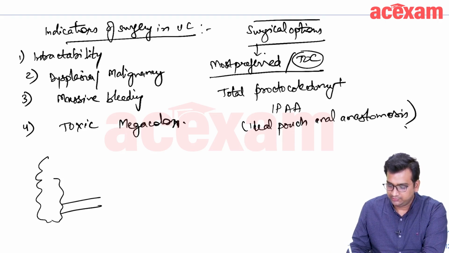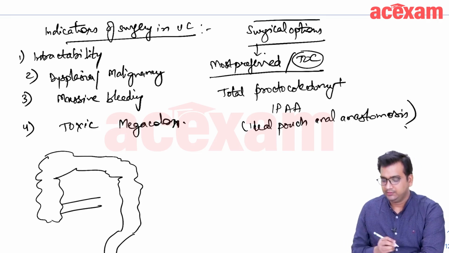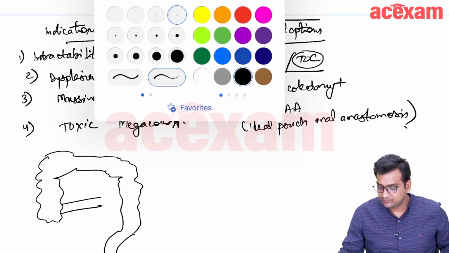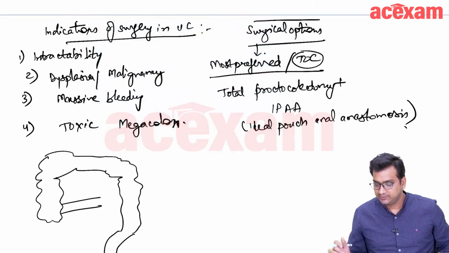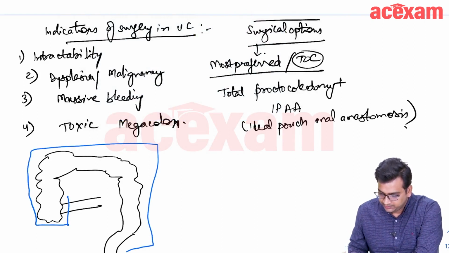This is the colon, this is the terminal ileum, this is the rectum, this is the anal canal. Okay. We are going to remove the whole of the colon and the whole of the rectum till the dentate line.